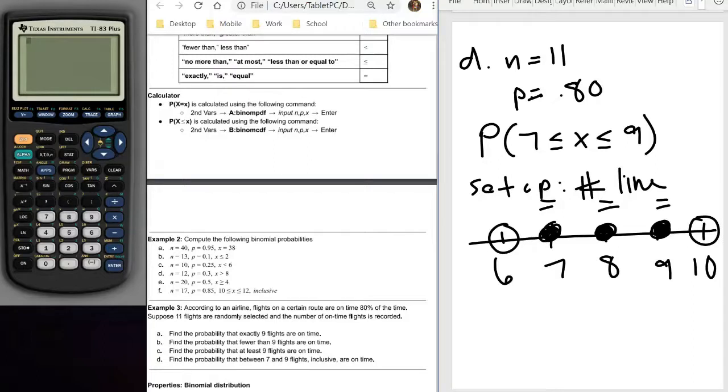Okay. So what we just did is we wrote down 3 different equal signs. What that means is we're going to use binom PDF 3 times.